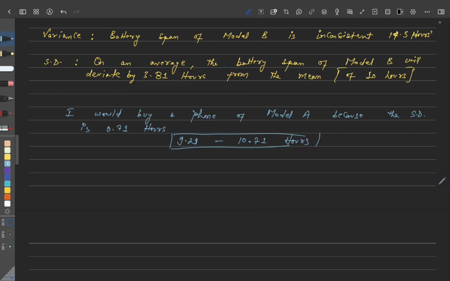Then we'll again cover the standard deviation with respect to normal distribution. But for now, I hope you understood the concept using these battery and phone model examples.